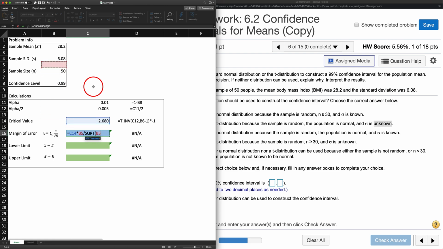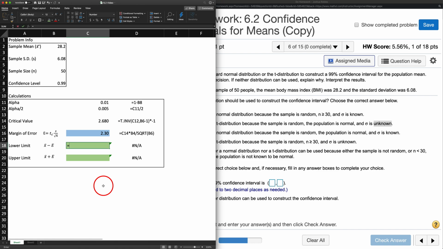And the sample size was 50. Let's fix that. Standard deviation. Right, so our margin of error is 2.3, so it's going to be the width of the confidence interval from the middle. And we're ready to find the confidence interval now.